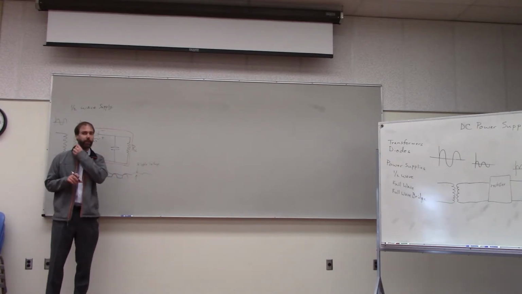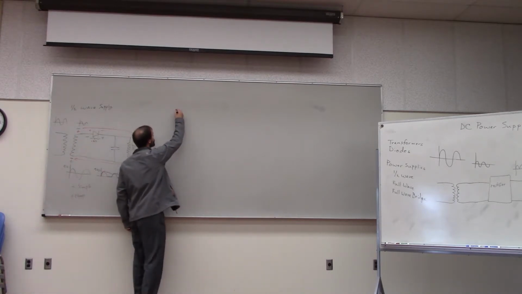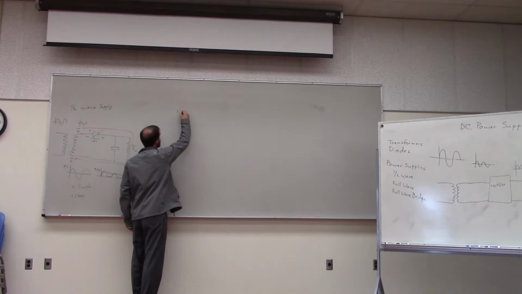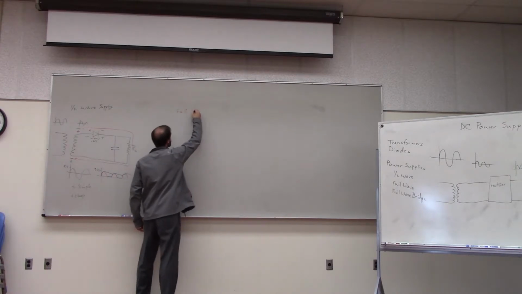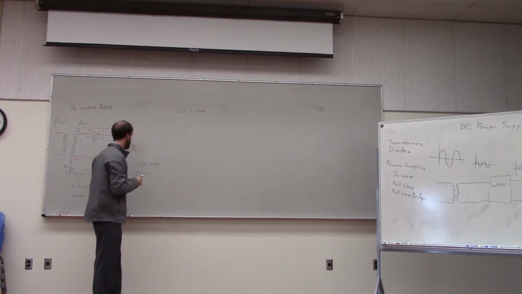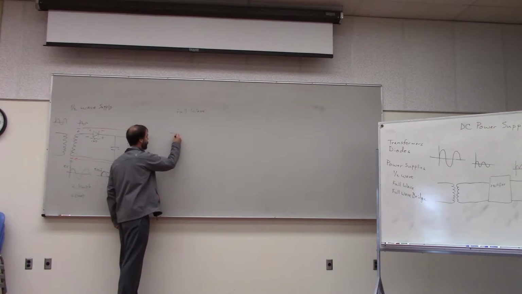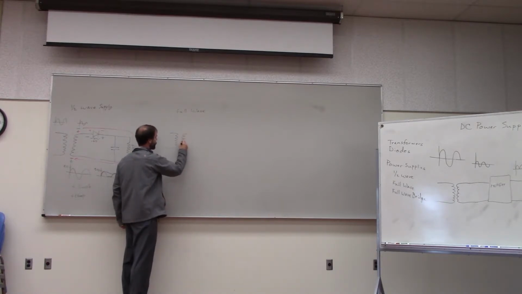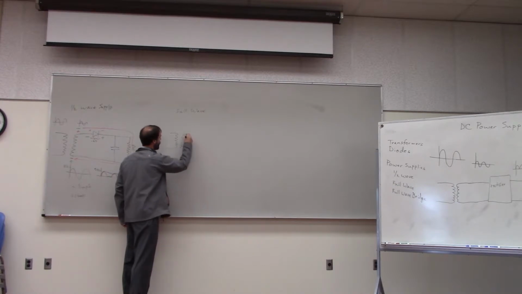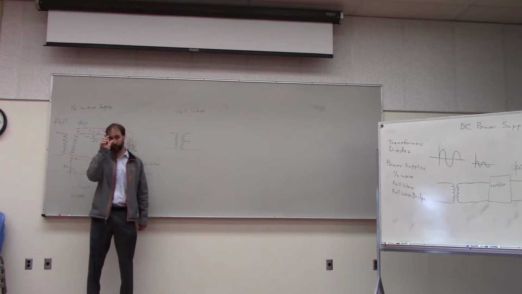Okay. So let's talk about the next one. Let's talk about the full-wave rectifier and full-wave power supply. So again, it starts off with a transformer. Now this transformer is special. This is a center-tap transformer. We talked about those last time.